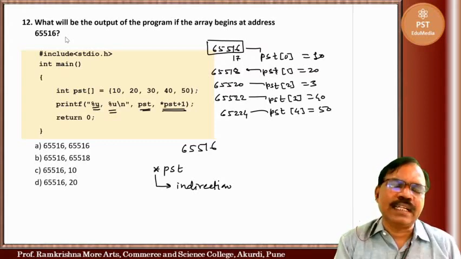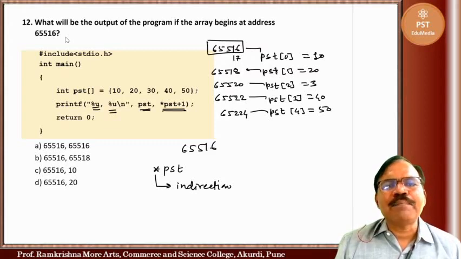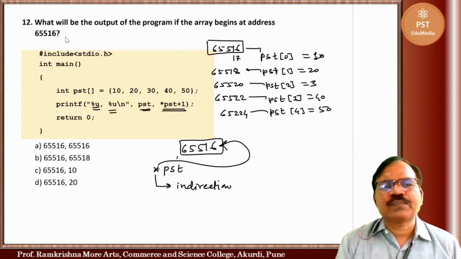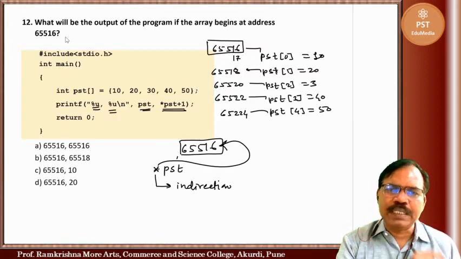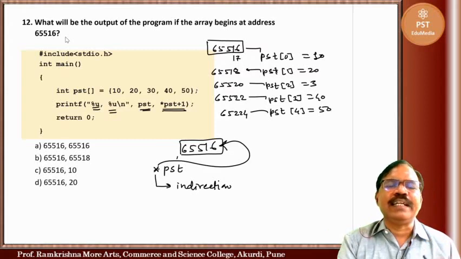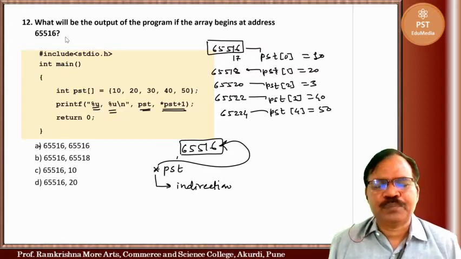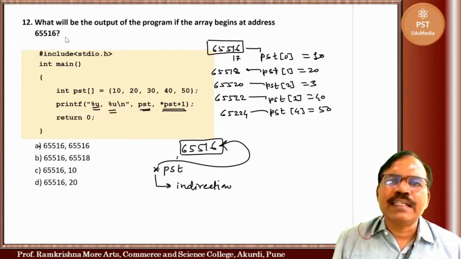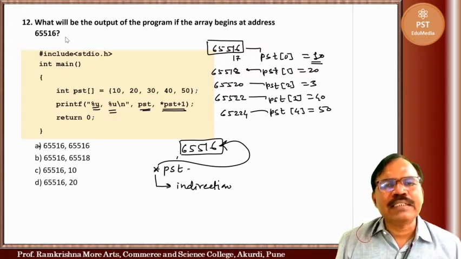If we use star PST, what is the address of PST? This one. So it goes to this address. It is the indirection operator. It goes to the address of PST and takes its content in that address. So what happens here? Content in that address is 10. So it will take 10. But star PST plus 1.